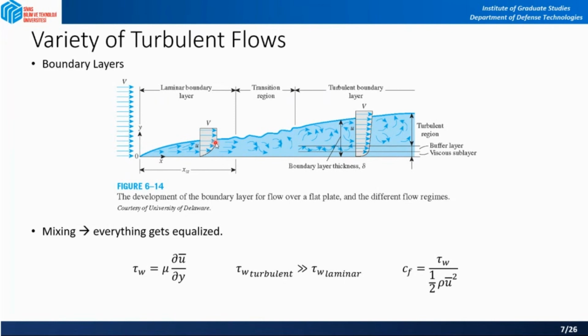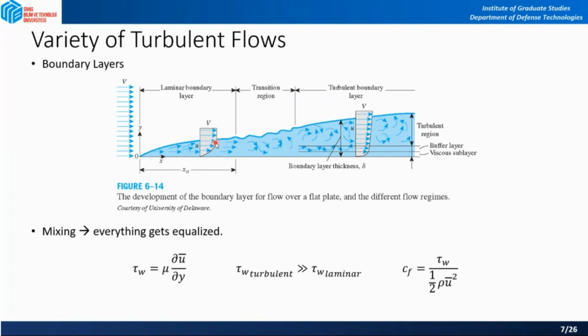When there is a lot of mixing, everything gets equalized or gets close to each other. When momentum distribution gets more uniform because of this equalization, you will end up with a flat profile in the mean values. But the result of this, near the walls, is that the gradient of the velocity is much different than the laminar case.